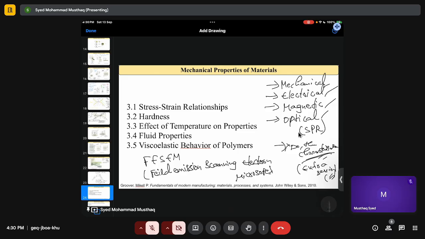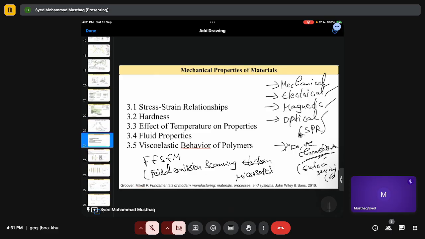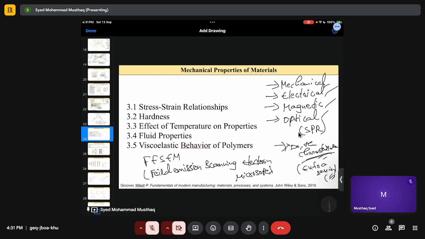There is also a tungsten gun, where you apply voltage and heat it; it's more like thermionic emission. Field emission is not like heating. You just supply an electric field at the surface, and it strips out the electrons. That is the difference between thermionic emission and field emission, right? And in FESEM you can see the nanoparticles.